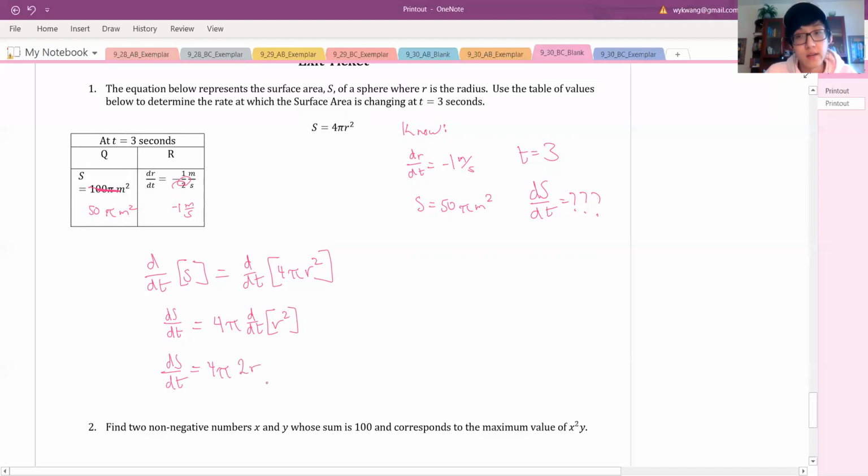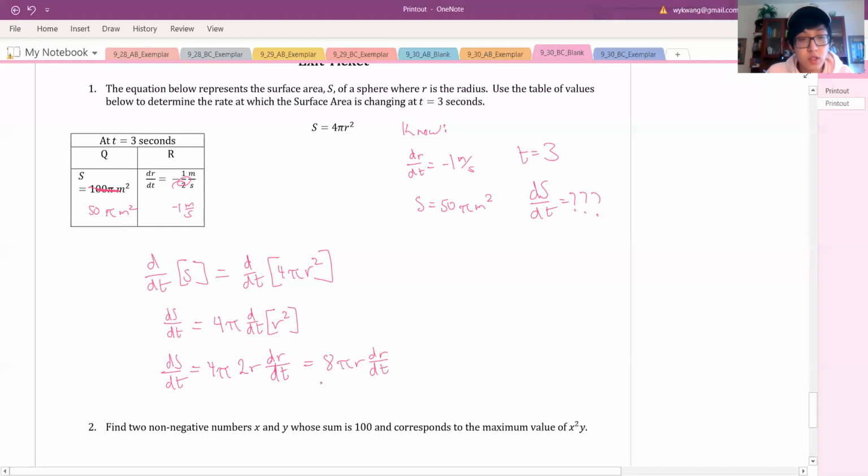Cool, but we're not done because we differentiated with respect to t, and we're differentiating r, so we need to always multiply by dr over dt in this case. Anytime you differentiate implicitly with respect to a different variable, you always just multiply by dr over dt. So in this case, it's going to be 4 times 2, right? I'm going to get 8 pi r dr over dt.